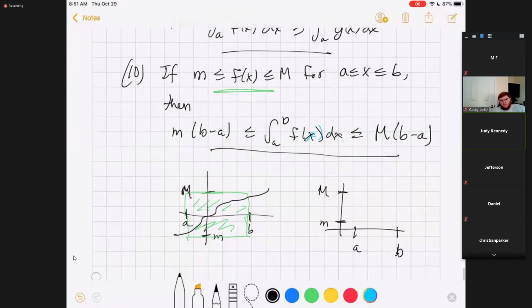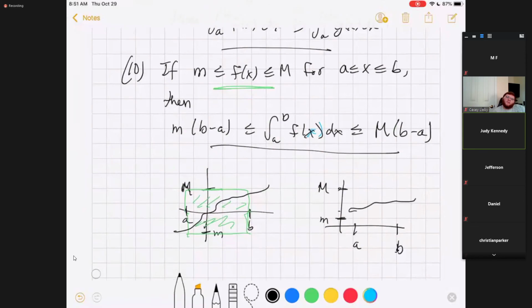and F comes across like that, then big M times B minus A would be the area of that rectangle. Little m times B minus A would be the area of that rectangle, the red one there.